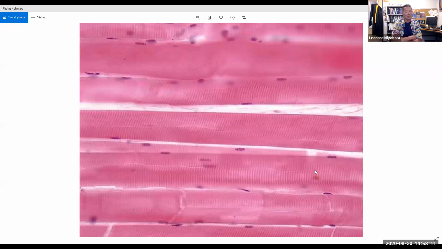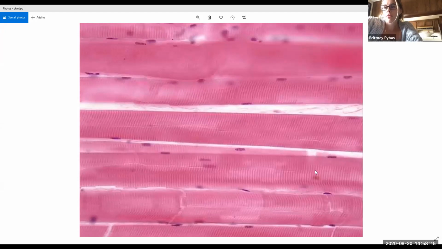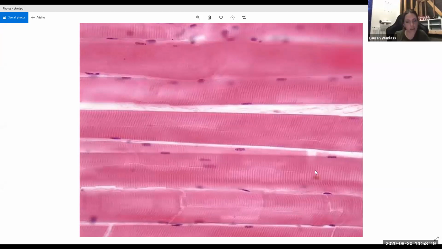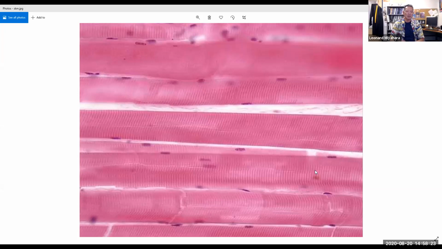No, don't jump. You've got to be systematic. Are these cells separated by stuff or are these stacked tubes? Stacked tubes. They're in tissue type number 3. Do you see nuclei shoved off to the side, peripheral nuclei? Yes. With obvious striations? Yes. This is skeletal muscle.